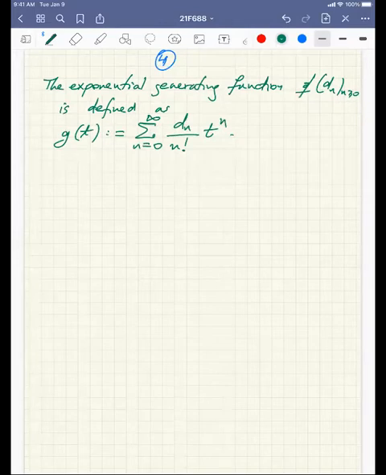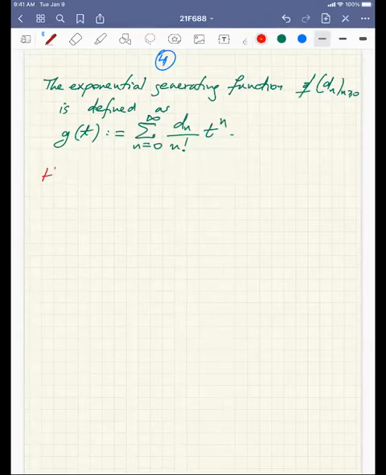So it's very similar to the ordinary generating functions. It's just that you have this extra n factorial attached to the t^n. Okay. There's a whole theory about which sequences are more amenable to being solved using ordinary generating functions versus the ones that can be solved using exponential generating functions.